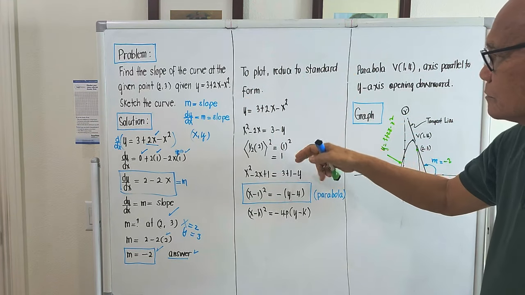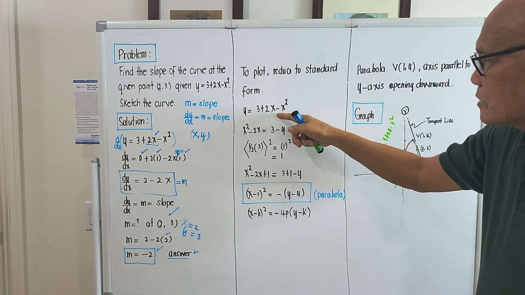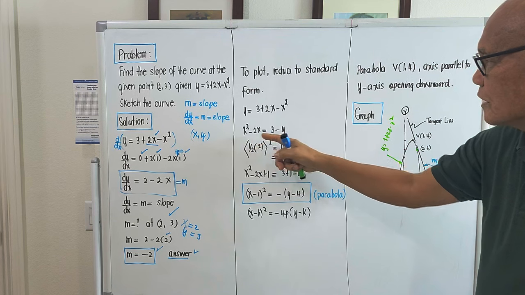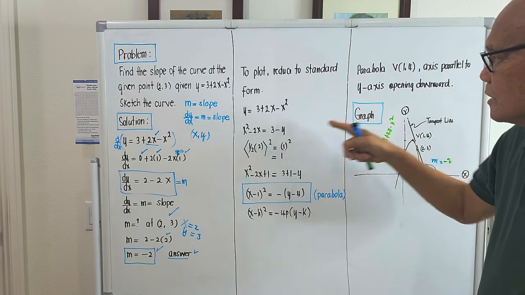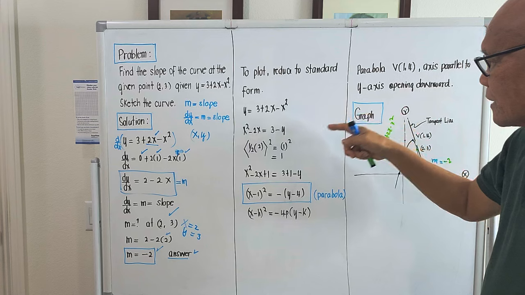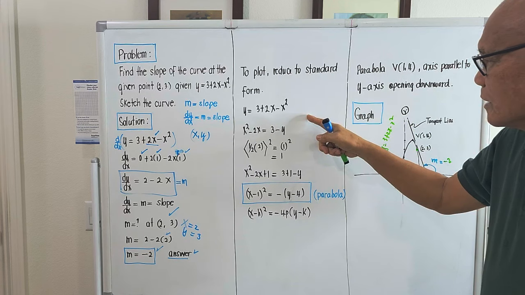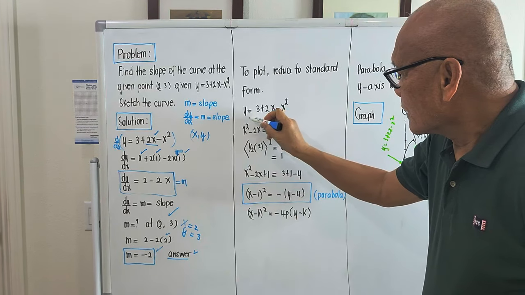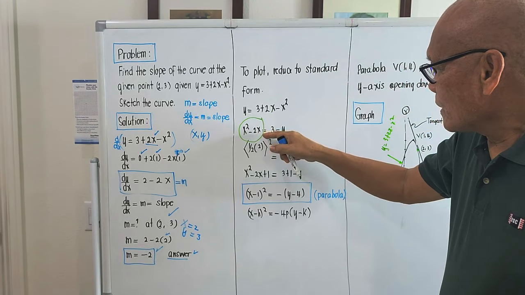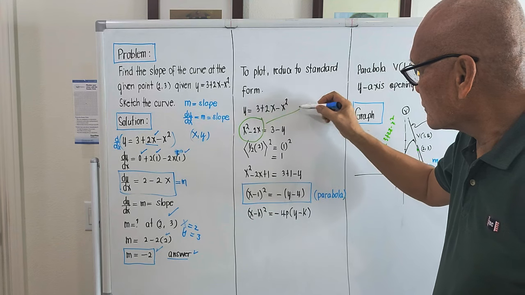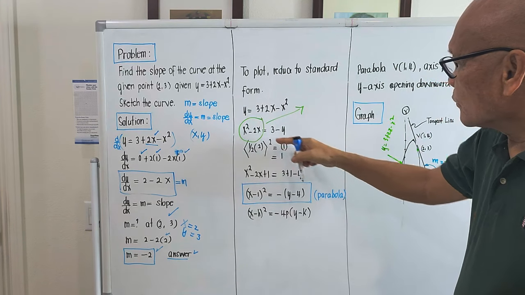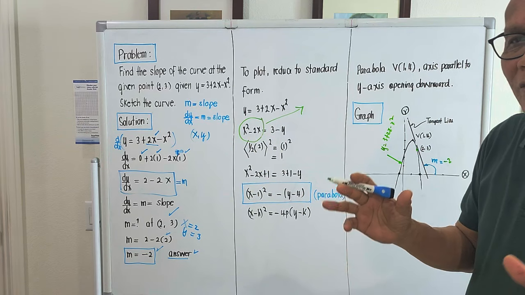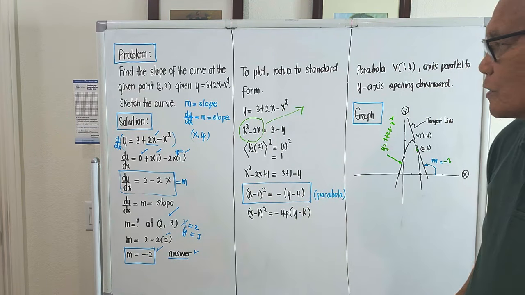we manipulate it, we transpose x squared and this to the left, so this will be x squared minus 2x equal to, we maintain 3 on the right, we transpose y to the right, this is negative y. Okay, this is now a problem of algebra, because to make this one a binomial term, we must find the pure constant term equivalent, and we know the formula on how to compute for that one.